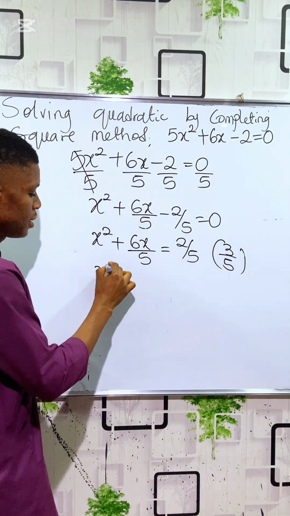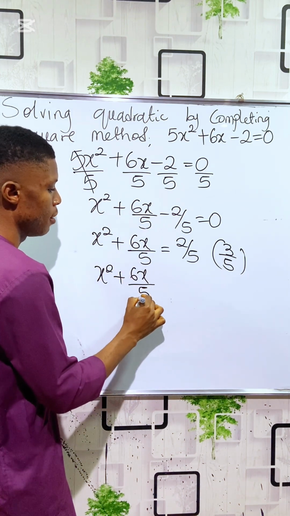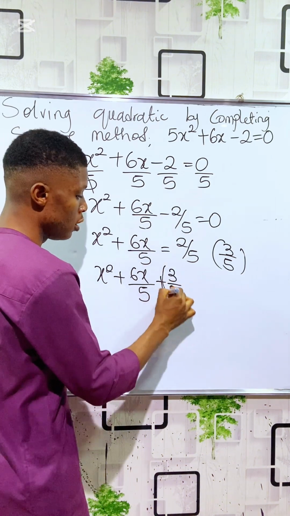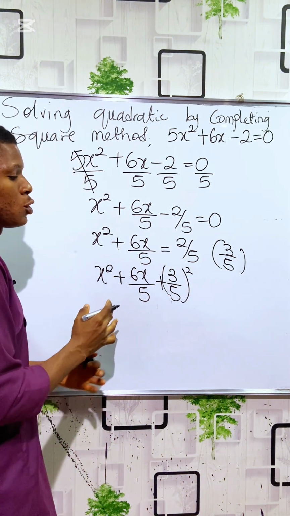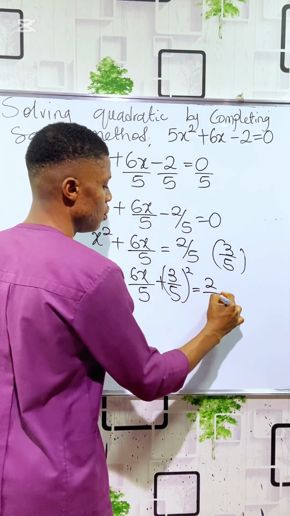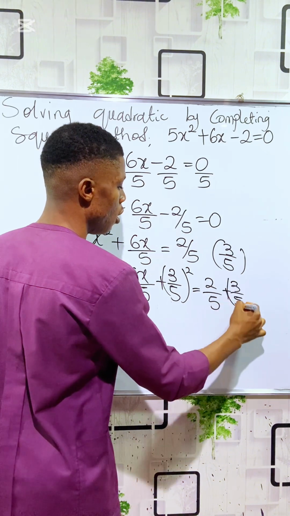So we have x squared plus 6x over 5, then plus 3 over 5 all squared. The reason is to make this side a perfect square, and it equals 2 over 5 plus 3 over 5 all squared.